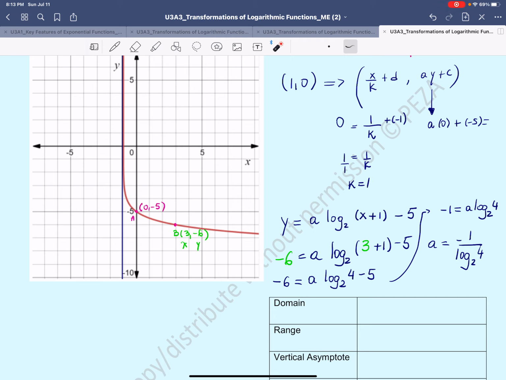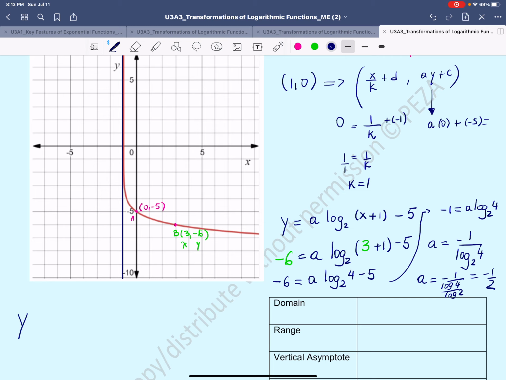But what happens in here is that log with base 2 of 4 would equal 2, because we use what we call the change of base formula, which is log of 4 divided by log of 2. So we give a base of 10. So -1 over 2 will be the coefficient a.